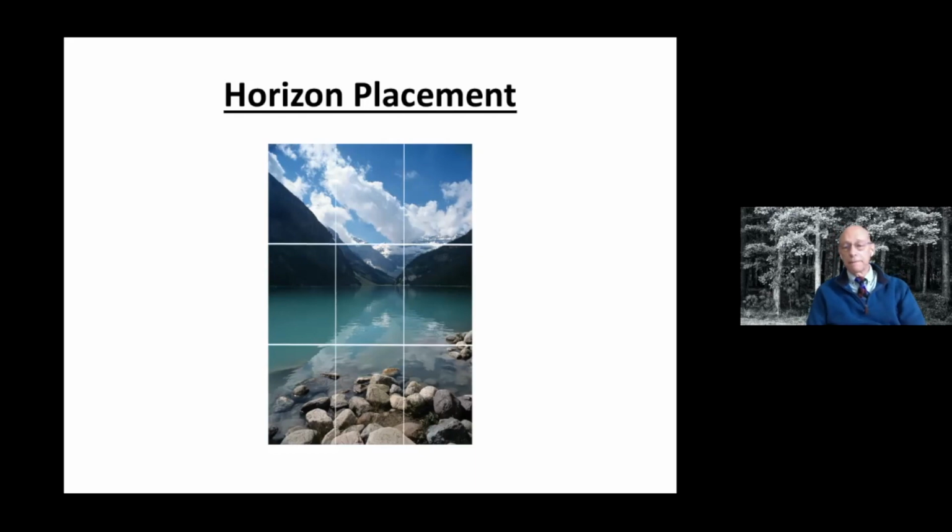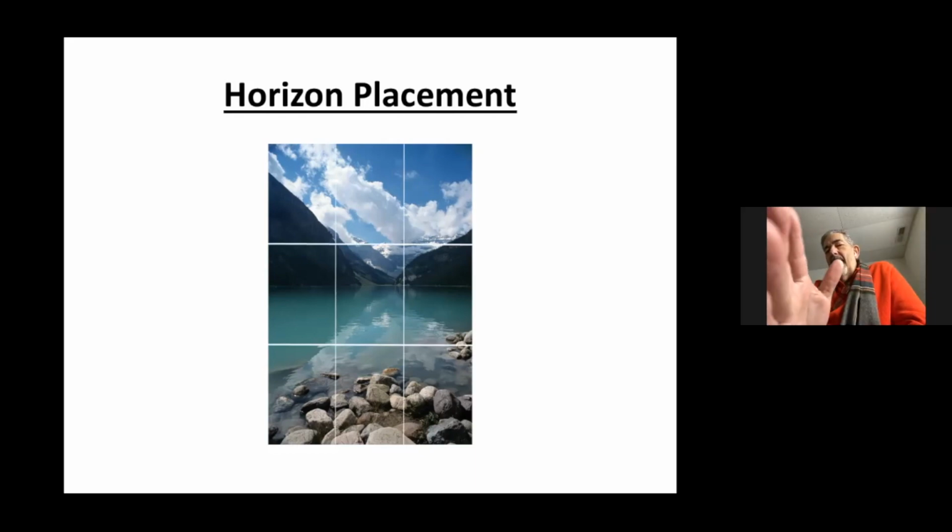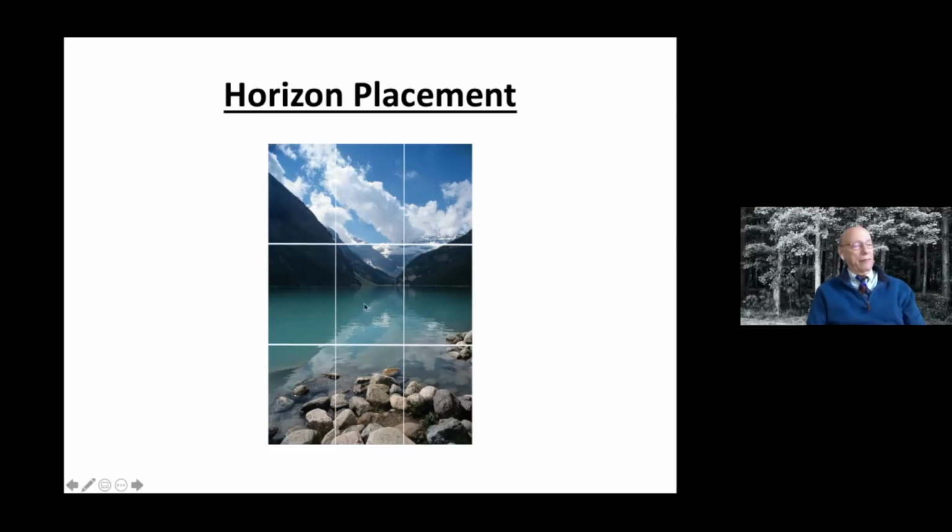I'm just wondering, had you tried placing the focal point on one of the third lines on the right instead of it being closer to the center? Well, yeah. Then what happens is you're only going to have that in there if you move it over a little bit. And then that clump starts becoming, what is that?